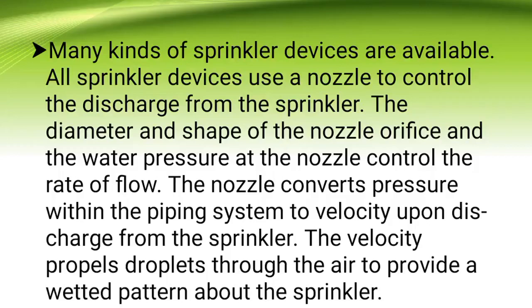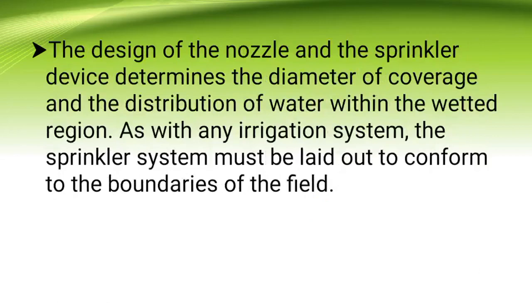The velocity propels droplets through the air to provide a wetted pattern about the sprinkler. The design of the nozzle and the sprinkler device determines the diameter of coverage and the distribution of water within the wetted region.